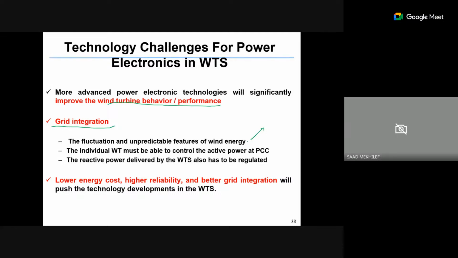We also need high reliability, because people always question how reliable renewable energy sources are, and also better grid integration. These all have to be combined to make sure the future of wind power in the grid works.